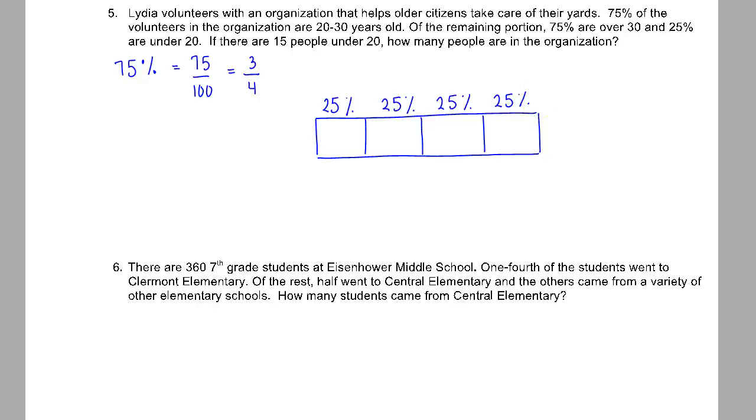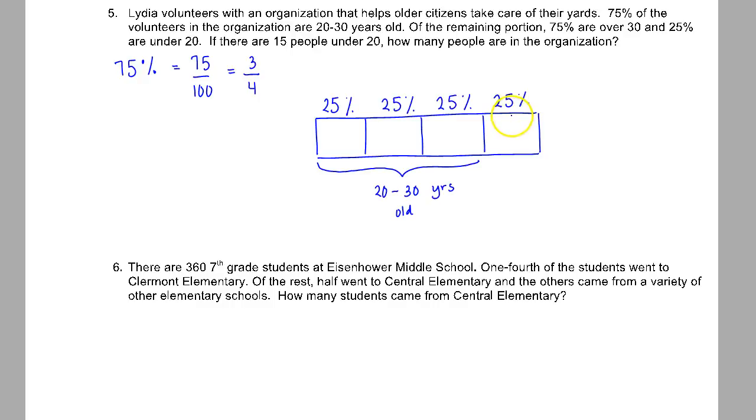Now we're told that 75% of the volunteers in the organization are 20 to 30 years old. So 75% would be 3 of these boxes. And so those volunteers are 20 to 30 years old. Next, of the remaining portion, 75% are over 30 and 25% are under 20.